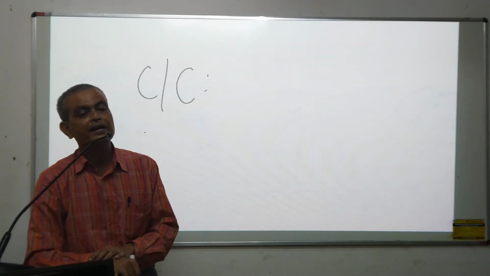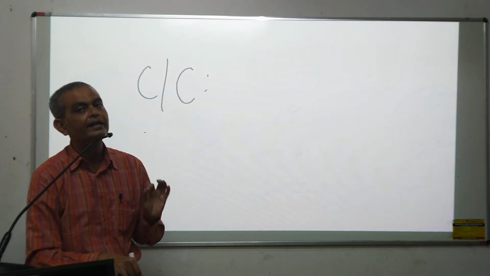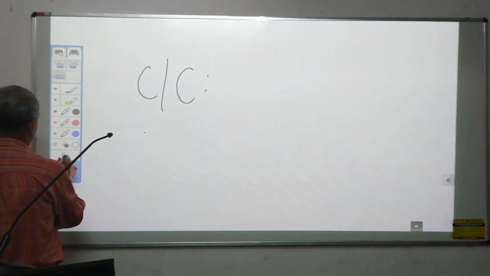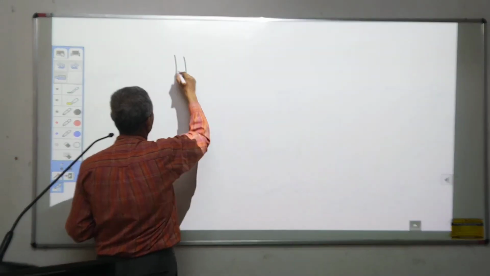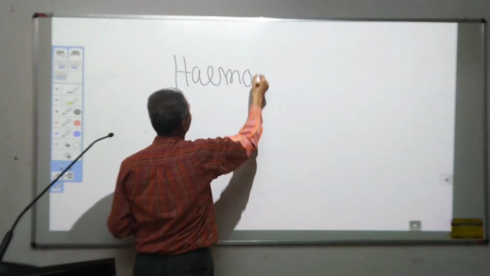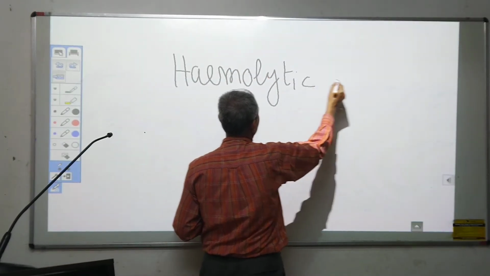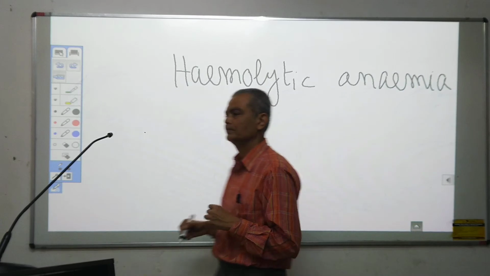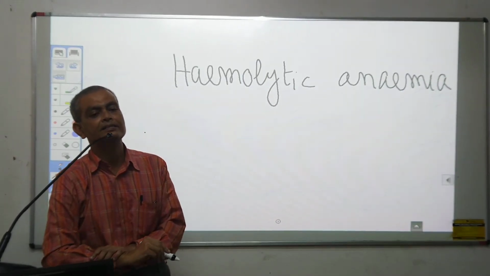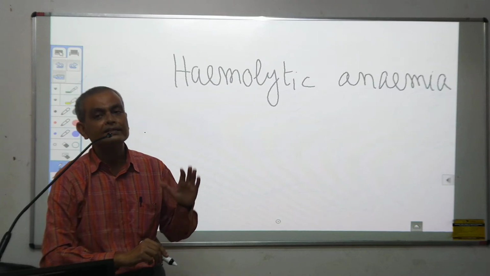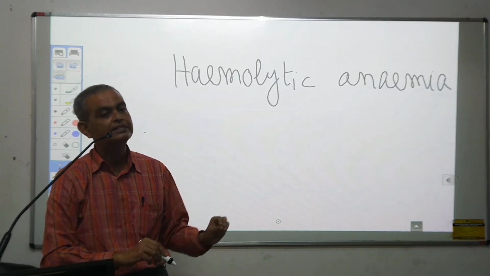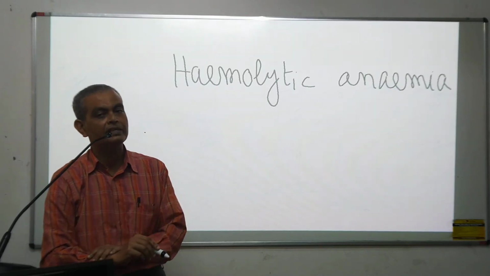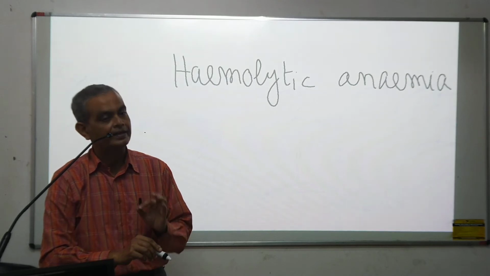Okay. With this background, now we are coming to a specific type of anemia, that is hemolytic anemia. In the last class discussion, we told that it can be either a defect of the RBC, that is an intracorpuscular defect, or a defect outside the RBC, known as an extracorpuscular defect.